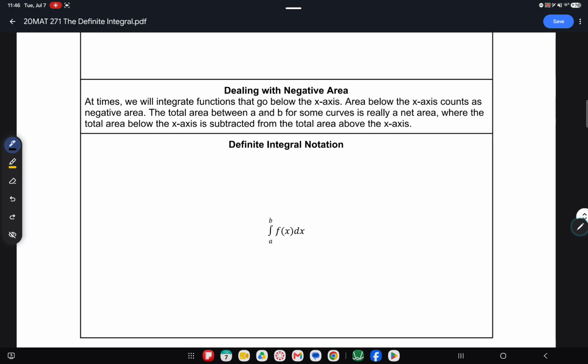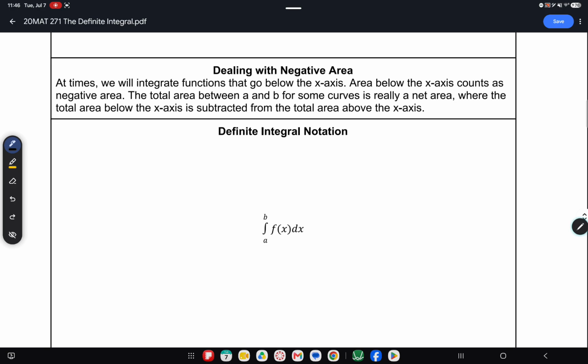All right, so there's something else I want to talk about, which is dealing with negative area, because so far we've been dealing with graphs that were above the x-axis, whether it's like this and we wanted this area, or we had some kind of curve and we were making rectangles to get this area here. But we have this idea of negative area, right? Negative area is if the graph goes below the x-axis.